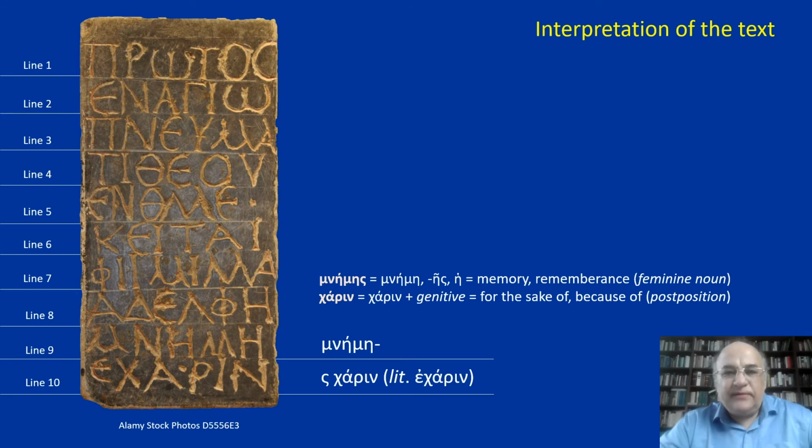Remembrance is one of the most important messages of the epitaphs, both in Greco-Roman and in Christian or Jewish culture. Mnemes comes from mneme, memory, remembrance. It's a feminine noun. And charin, it's a postposition with genitive form, which means for the sake of or because of.